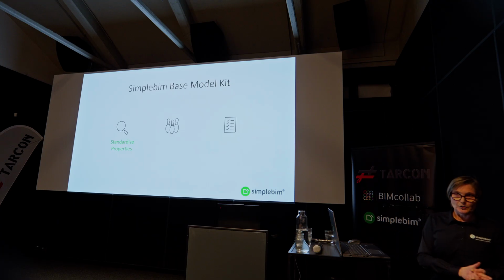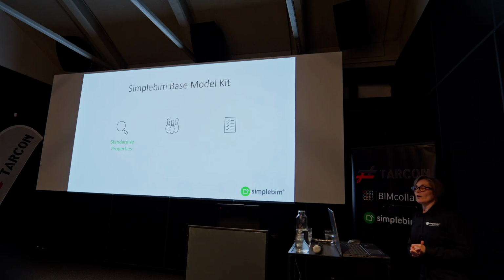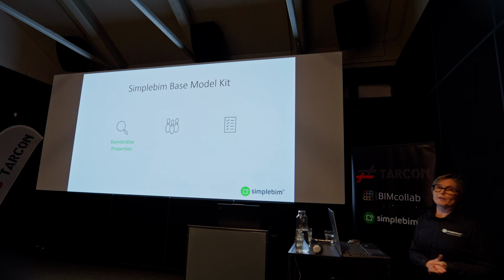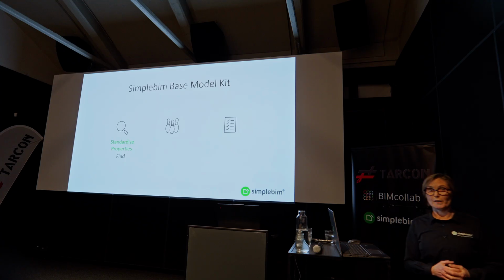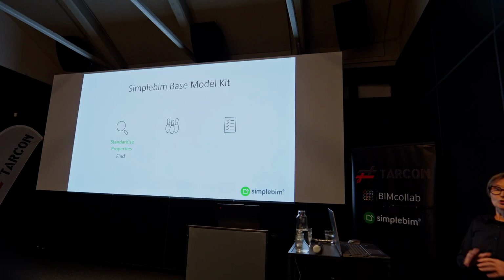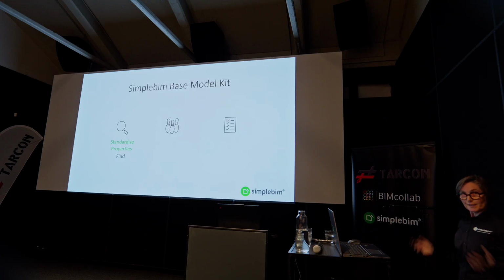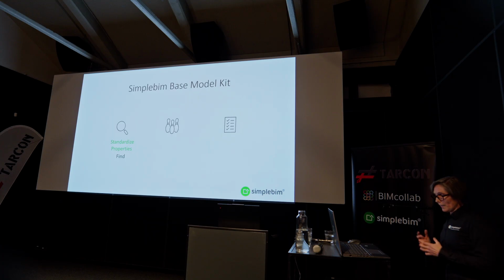This means that you copy the existing values always to the same property place, to the standard place. That means that you will always find information, and that goes to every single discipline, all models from all different kinds of tools. So that's the first step.